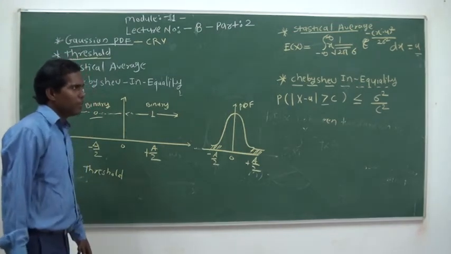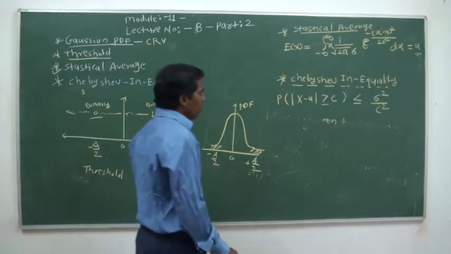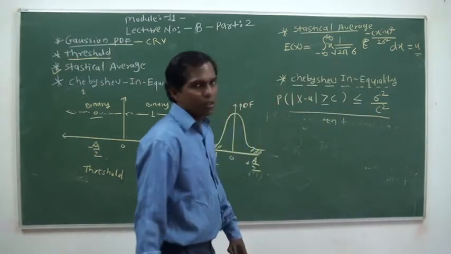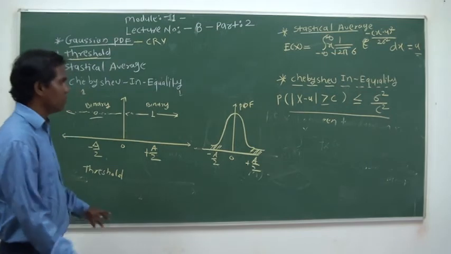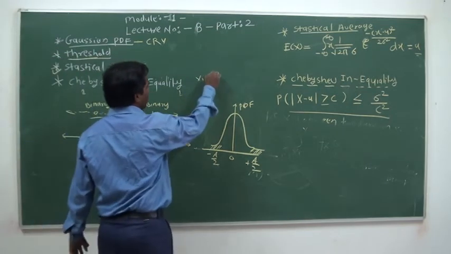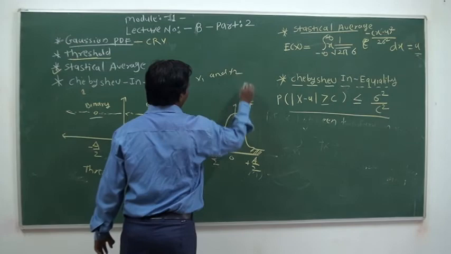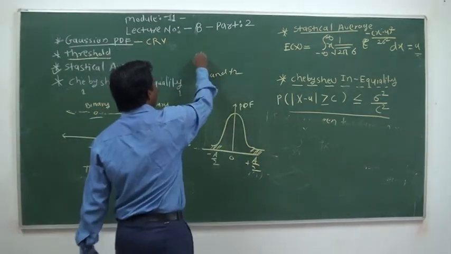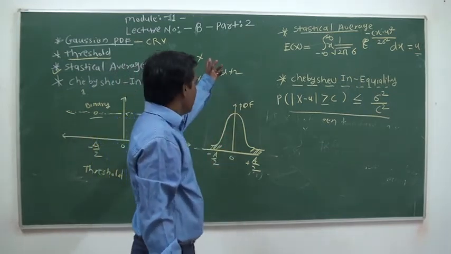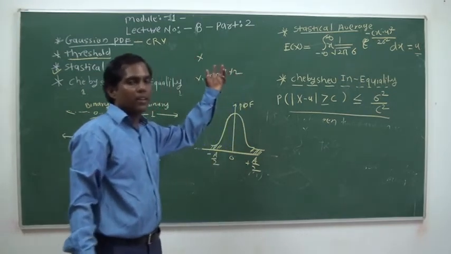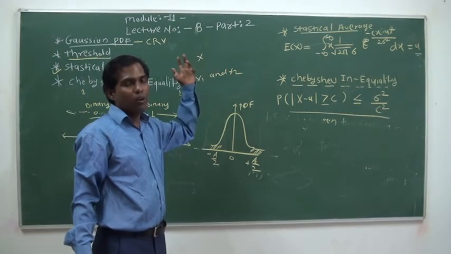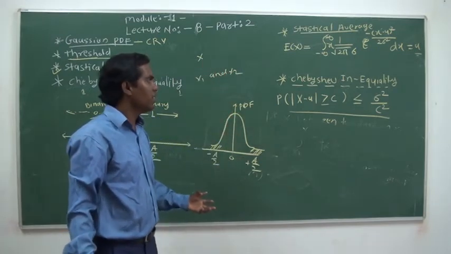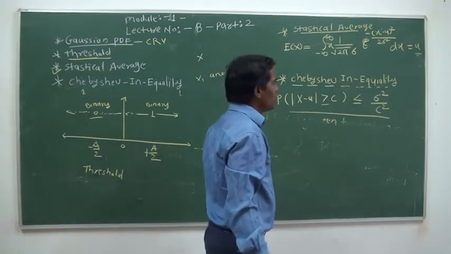Fourth, the Chebyshev inequality. This is used whenever you do not know the probability between two random variables. Suppose x1 and x2 are two random variables, but we still need to calculate the probability of a third random variable that is unknown and does not define a proper probability density function. At that time we use the concept of Chebyshev inequality.